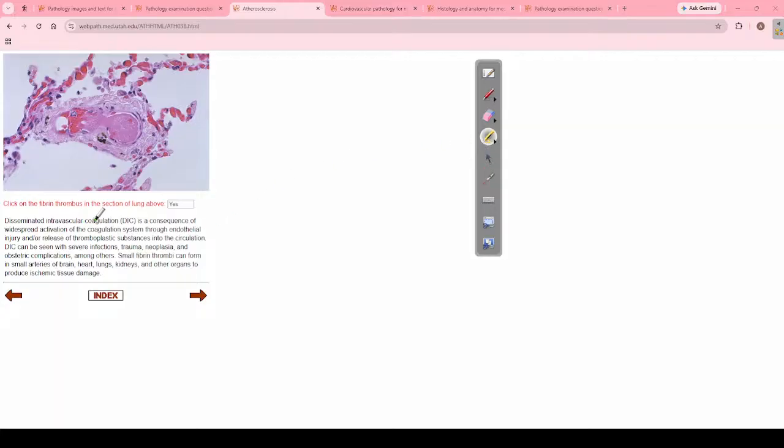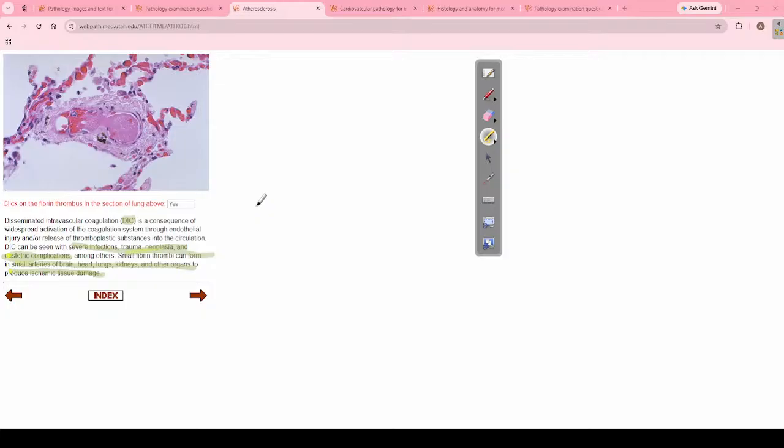They also talk about disseminated intravascular coagulation, which is a consequence of widespread activation of the coagulation system, with fibrin deposition. Causes include severe infection, trauma, neoplasia, and the worst cause of DIC, obstetric complications. So many people lose their life because of this. Small fibrin thrombi can form in small arteries of the brain, lungs, kidneys, and other organs, producing ischemic tissue damage.